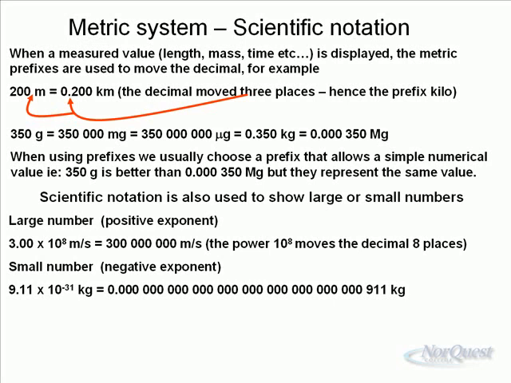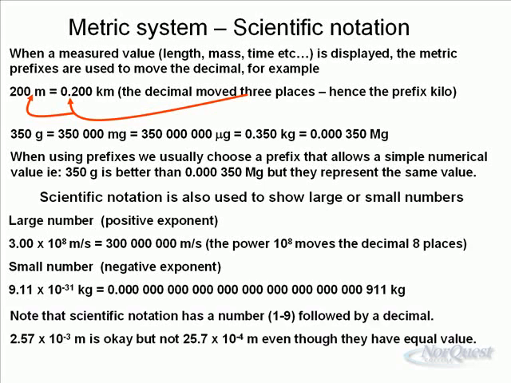So the speed of light, 3 times 10 to the 8 meters per second, is of course written in scientific notation as 3.00 times 10 to the 8, or 3 with 8 zeros following it. Okay, and small numbers such as the mass of an electron, 9.11 times 10 to the minus 31 kilograms, you can see that that negative 31 has actually moved the decimal place 31 places to the left. All right, making a very small number.